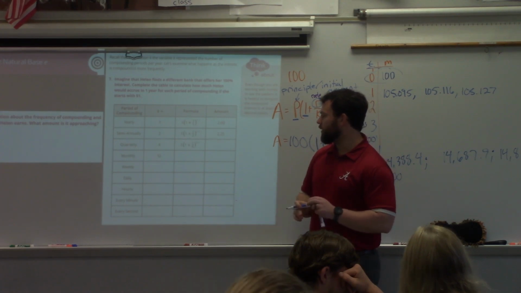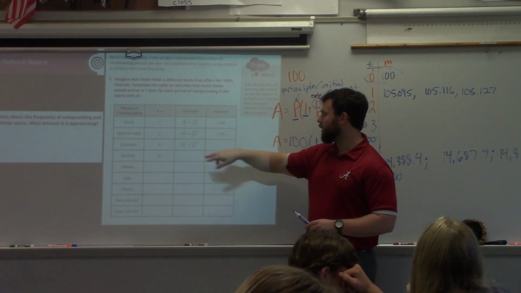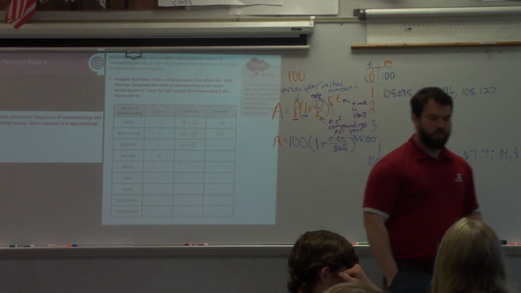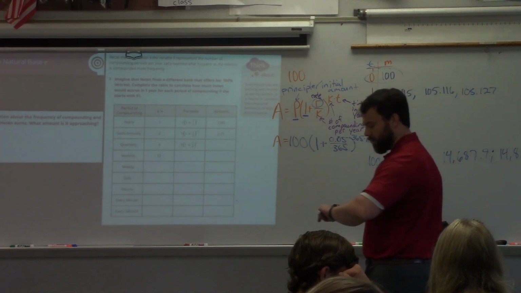Here's what I need us to do. I need everyone to type into their calculator this formula for quarterly. So how many investments is quarterly? 4. So everybody type that formula in. Tell me how much money we would get.